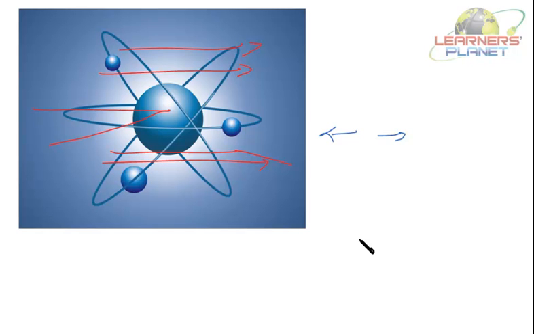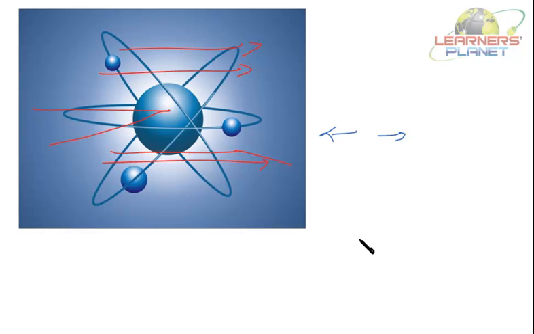Fourth, most of the atom is empty. And fifth, the electrons are revolving round the nucleus at very high speeds. Had it not been the case, the atom would have collapsed. The motion of the electron around the nucleus is balanced by the centripetal and the centrifugal forces.